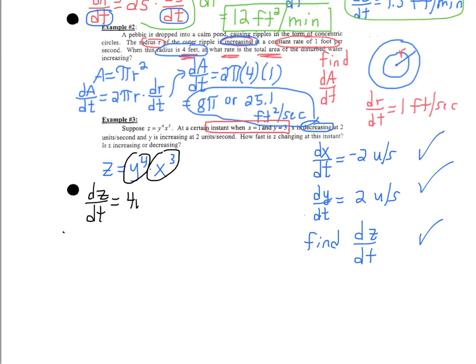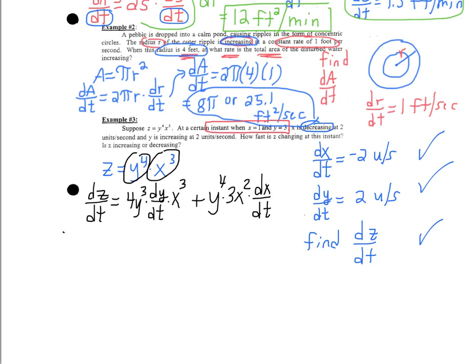So 4y cubed dy/dt, because I just took the derivative of a y term, times that x cubed that comes along for the ride, plus, now we reverse what we just did. We have y to the 4th times 3x squared, and then don't confuse this with implicit differentiation.